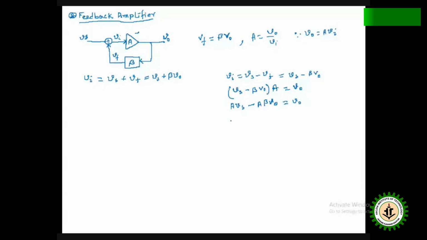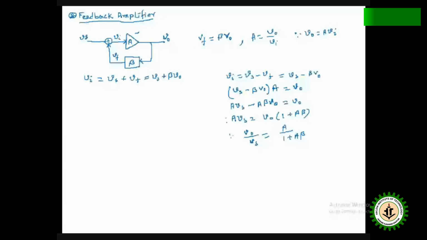So A Vs is equal to V0 times (1 plus A beta). So we can write V0 by Vs is equal to A by 1 plus A beta.